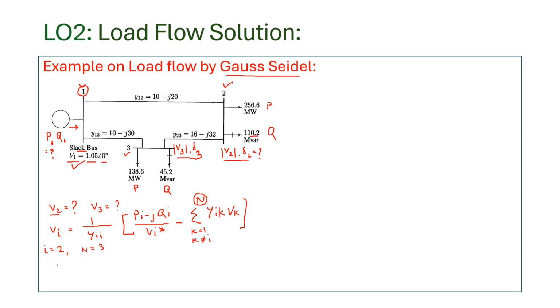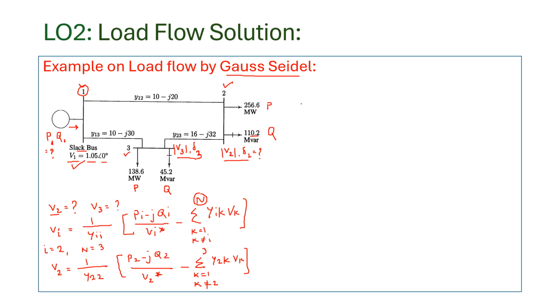So how does this equation get modified? Substituting i equal to 2, V2 is equal to 1 divided by Y22, in bracket, P2 minus jQ2 divided by V2 conjugate, minus summation k equal to 1, k not equal to 2, up to 3, Y2k Vk. The equation gets modified to this.